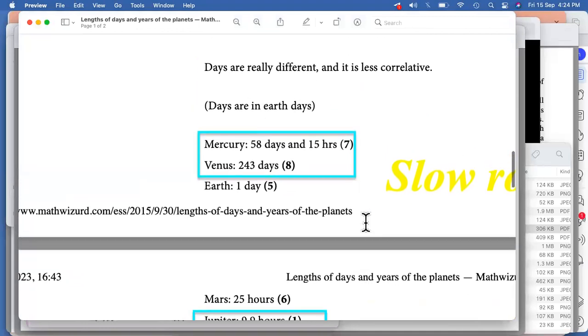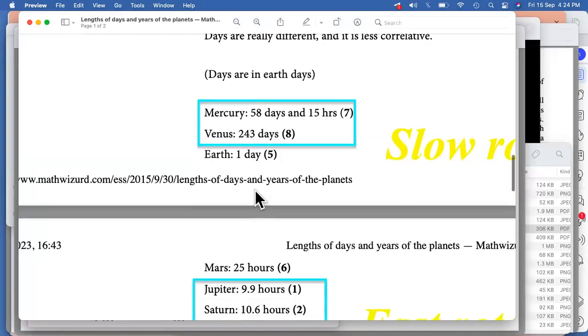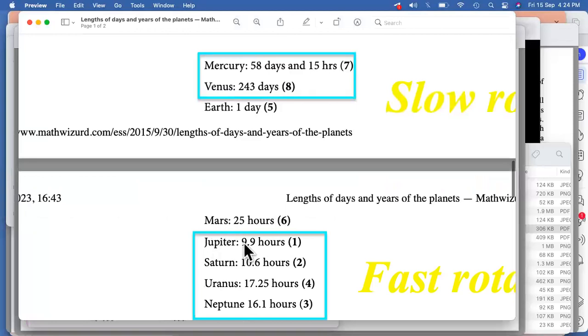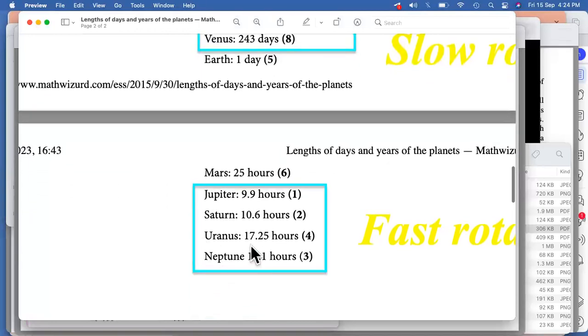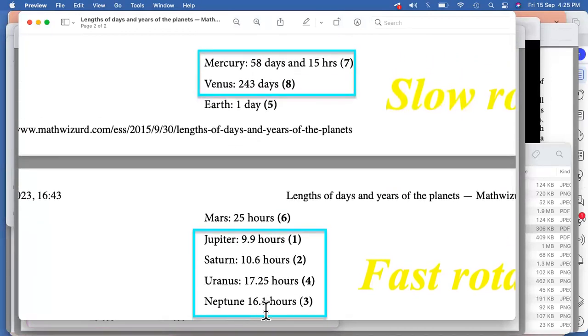Right. So if we consider this, Mercury requires somewhere around 58 days. Venus takes 243 days. Right. Earth is 1 day, Mars is 25, Jupiter is 9.9, Saturn is 10.6, Uranus is 17.25, Neptune is 16.1. Now, again, if we try to compare, probably these are faster moving planets, right?